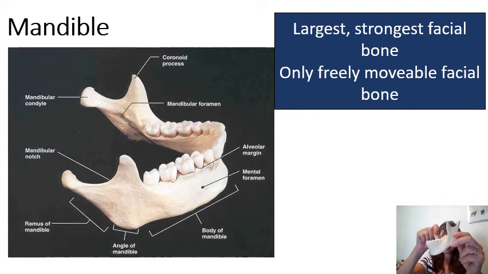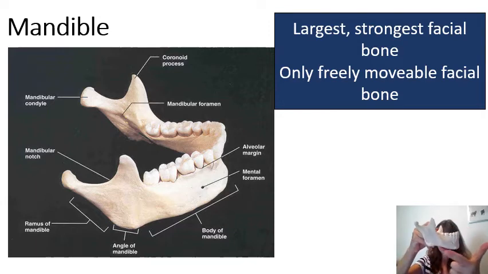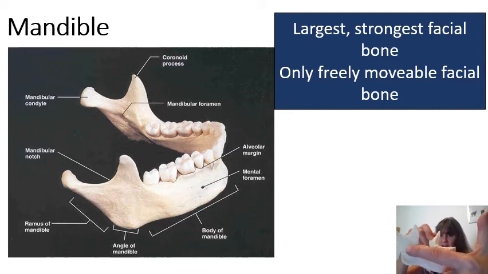On the mandible, we notice that there is an angle of the mandible. This is the angle of the mandible. And we have the ramus of the mandible, which is right here. This is the ramus of the mandible.